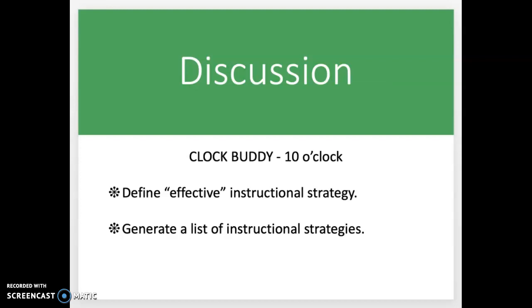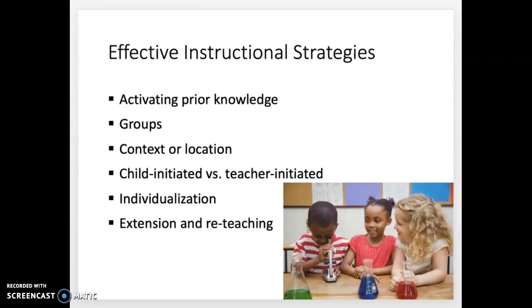So take a minute, stop, and think about what effective means and what instructional strategies do you know already, based on your readings, based on your field experience, based on your own experience in the classroom. Think about that for a few minutes.